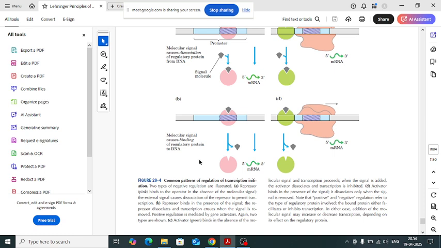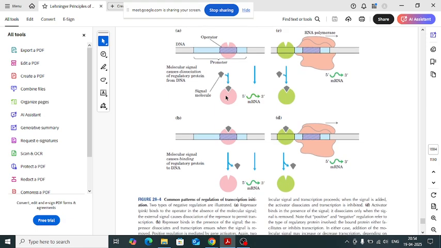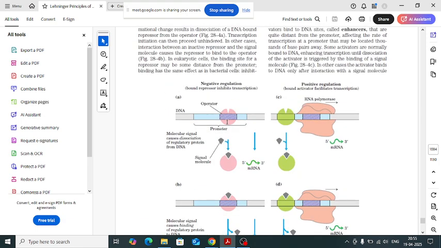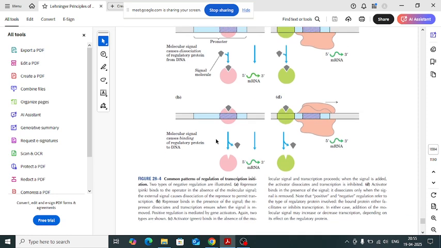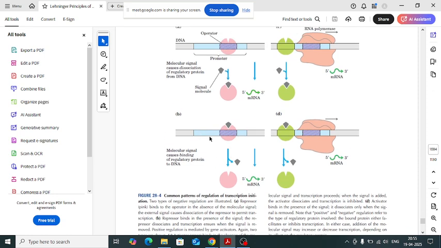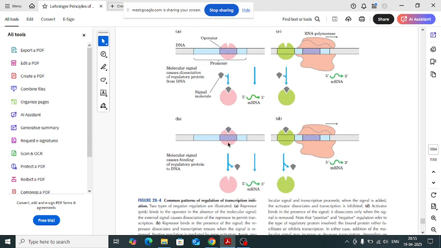So in this case, when it is a negative regulation, the operator region in the promoter is bound by a repressor, and this repressor is attached with a molecular signaling molecule, right?